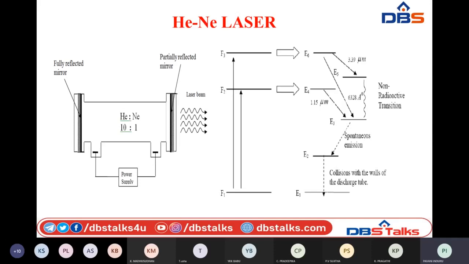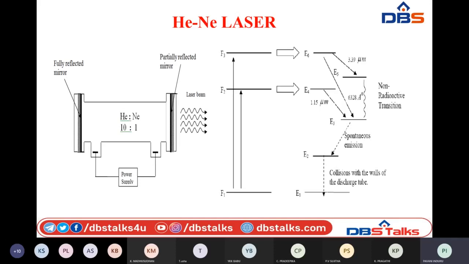From E5 they fall back to E4. Similarly, from E4 they fall back to E3. Since there is no external light energy supplied, because it is only electric discharge pumping, the atoms present in the energy states E5 and E4 are going to fall back on their own.